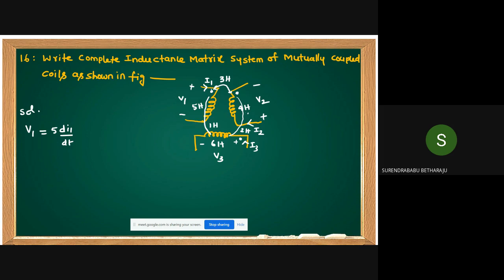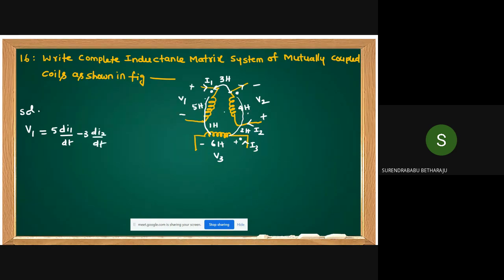Now see, here the starting terminal is dot, here also, but the dot is given here. For this coil, at the dot current is entering. For this coil, at the dot current is leaving. That means these two are mutually opposing. Opposing means you can write minus 3 into di2 by dt.